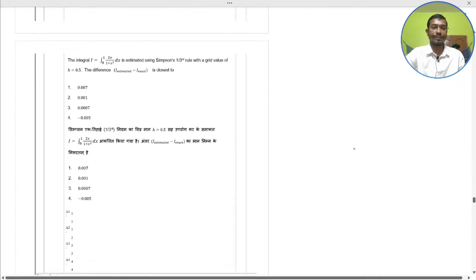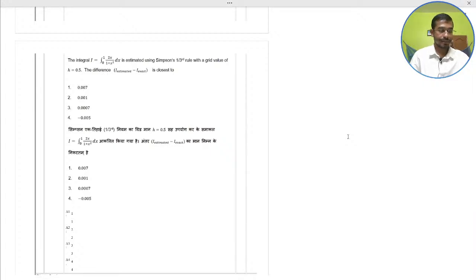Next, question number 56. The integral I equal to 0 to 1 of 2x by 1 plus x square dx is estimated using the Simpson 1/3 rule with a grid value of h equal to 0.5.